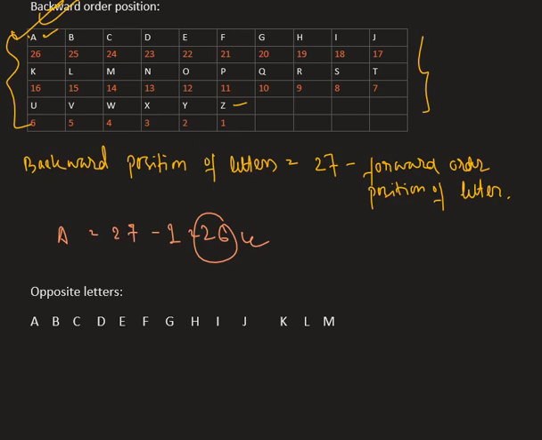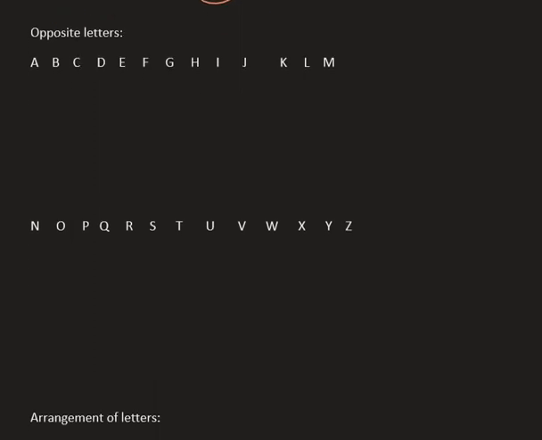Now we need to remember the opposite letters. These are called opposite letters as the forward order corresponding position of a letter is the same as the backward order corresponding position of its opposite letter.